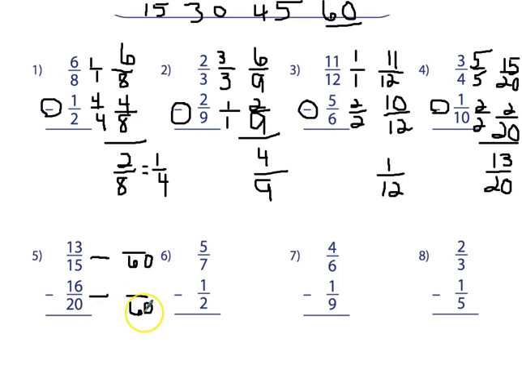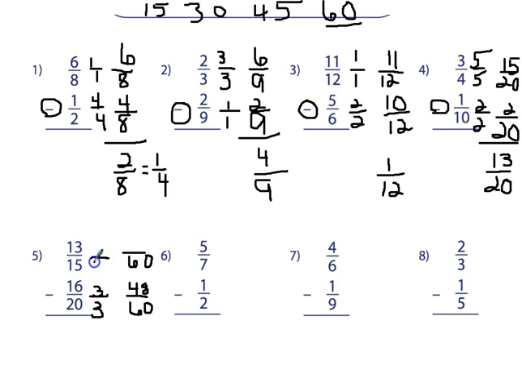Twenty times what number is 60? Well, 20, 40, 60. That would be 3. 16 times 3 is going to be 48. 15 times what number is 60?